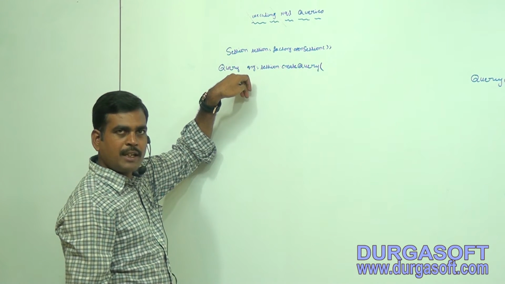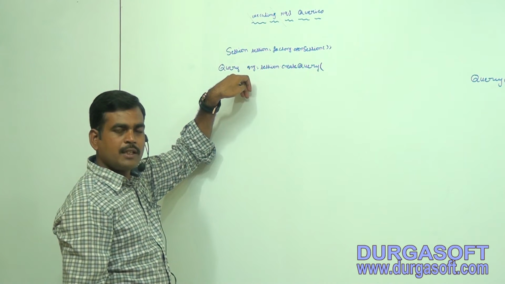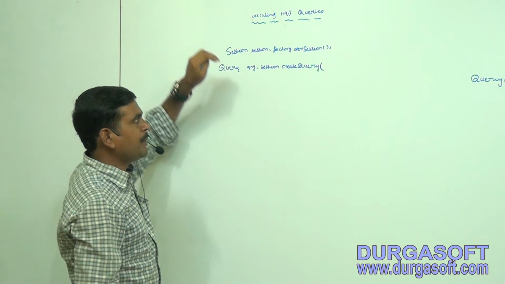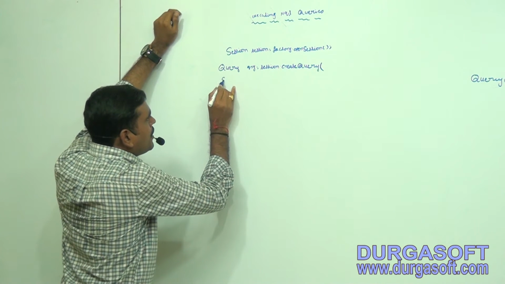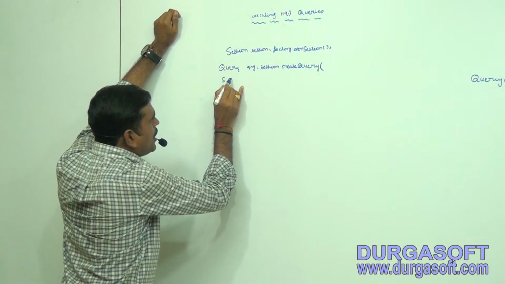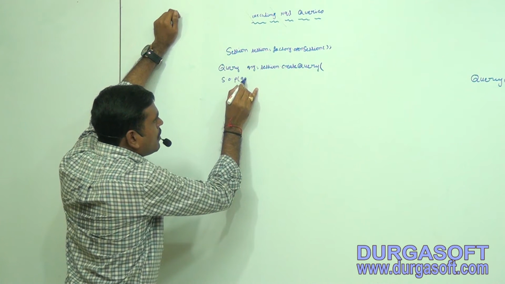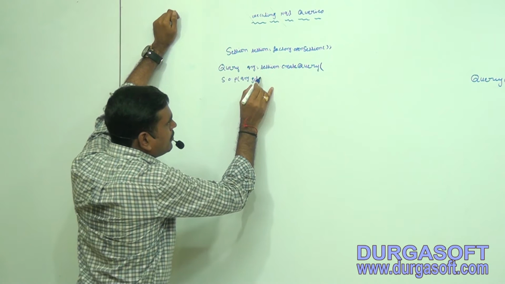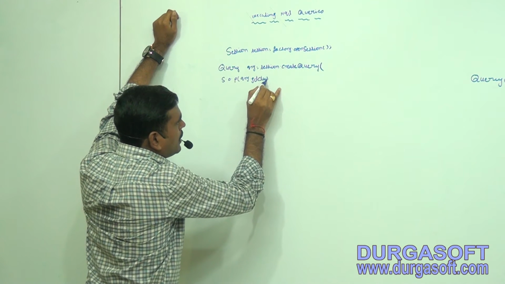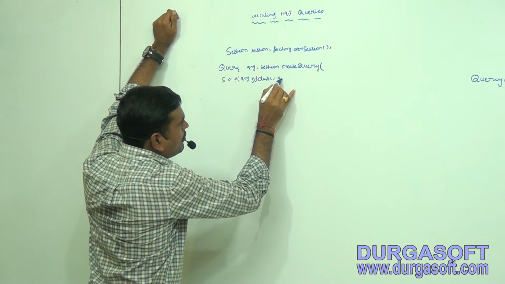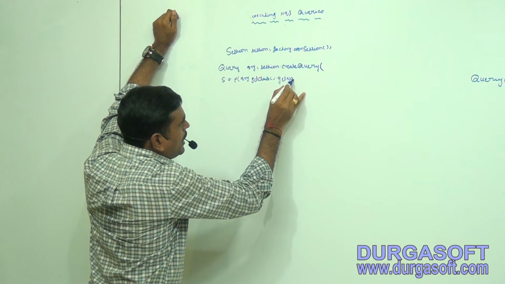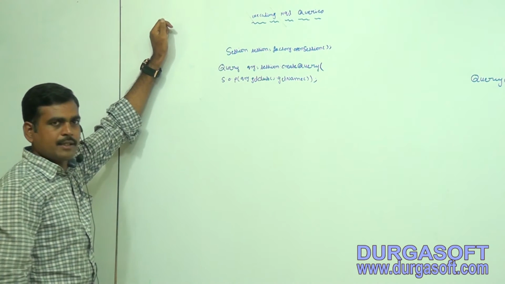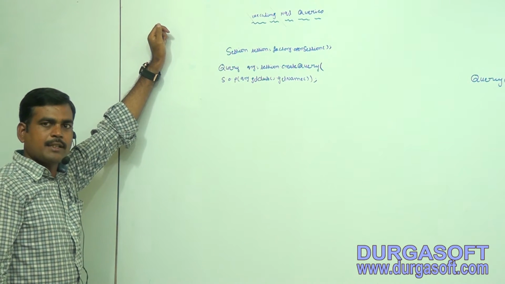What is the implemented class here? It is not possible to remember all the implemented classes. If you want that implemented class, just what we have to do, System.out.println query dot get class dot get name, then automatically we will get the implemented class, right?